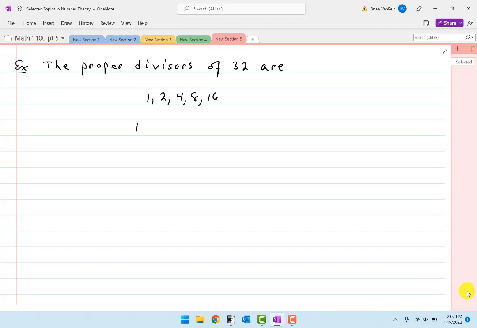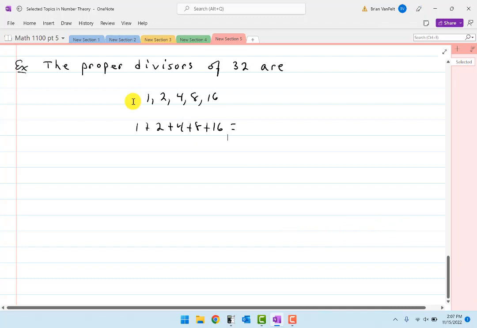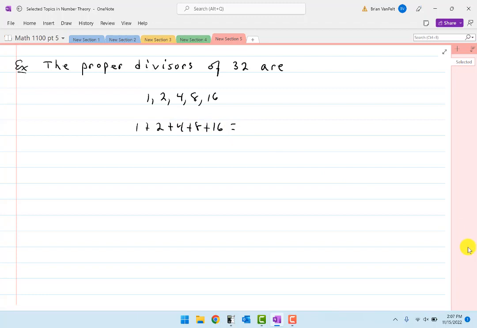Now, if I add them together, 1 plus 2 plus 4 plus 8 plus 16, what do I end up getting? 1 plus 2 is 3, plus 4 is 7, plus 8 is 15, plus 16 is 31. Notice that 31 is less than 32. 32 is called a deficient number.